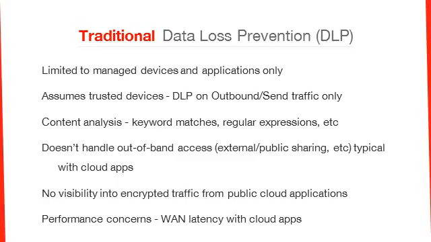Which means that chances are your DLP tools that you have in place now aren't going to sit in the path of, let's say, ActiveSync traffic when a user is downloading corporate mail to a personal mobile device. But they may be able to protect data and restrict data going outbound in the send direction. So they're not built in a bidirectional fashion that's necessary for reducing risk in today's typical IT environment.